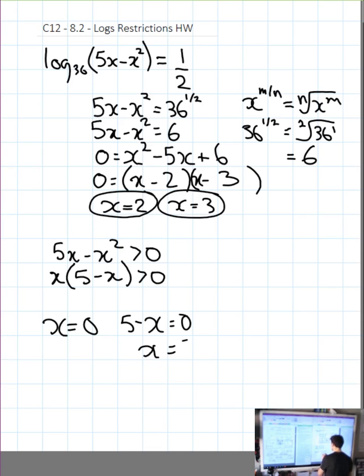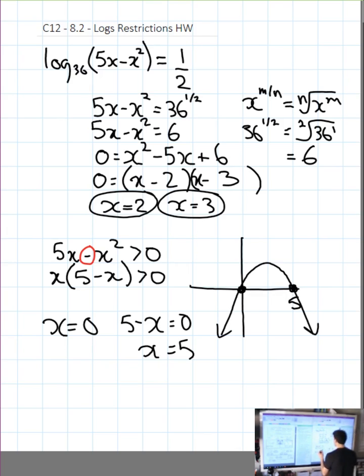Therefore, x equals 5. Now this is just to find the arbitrary x-intercepts. So if I draw a graph, I have x-intercepts at 0 and 5. Now I know that my parabola has a negative x squared, which means that I know the parabola is opening downwards.